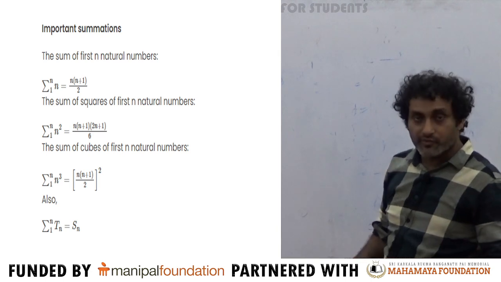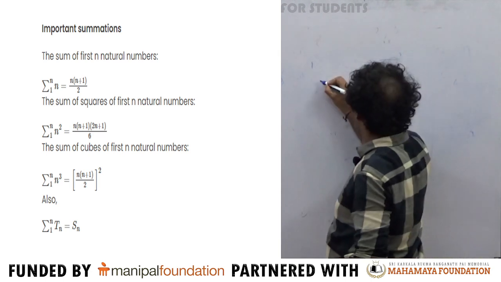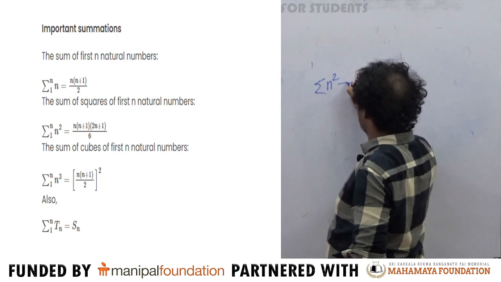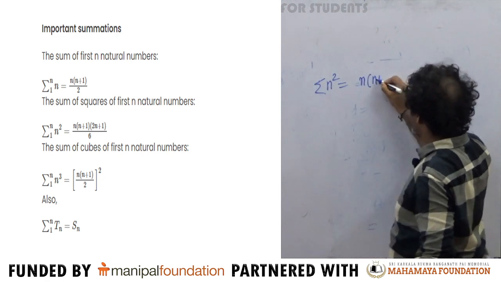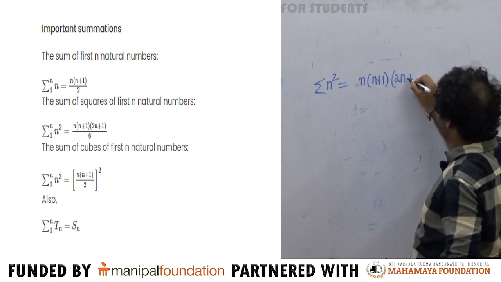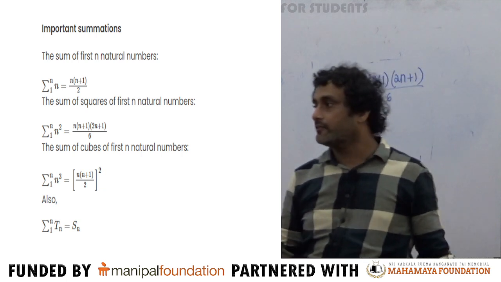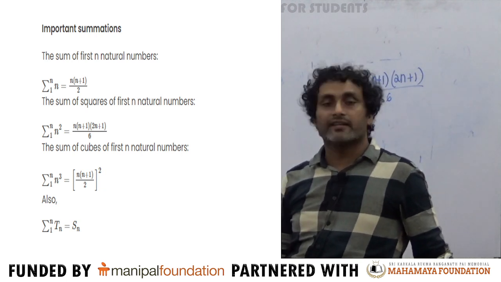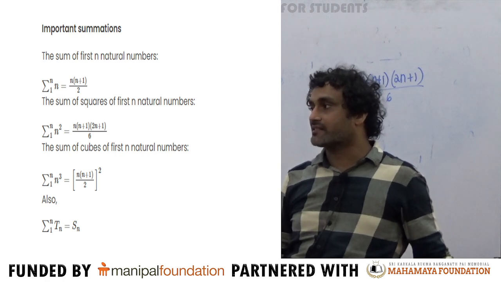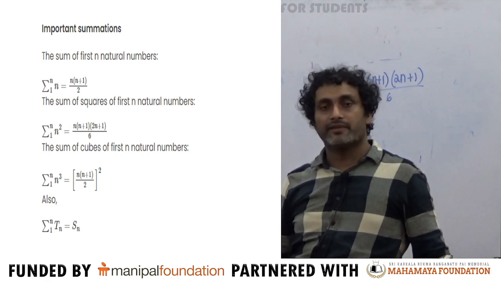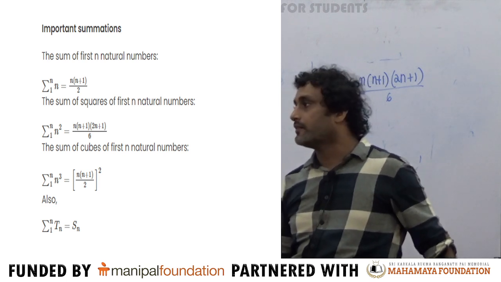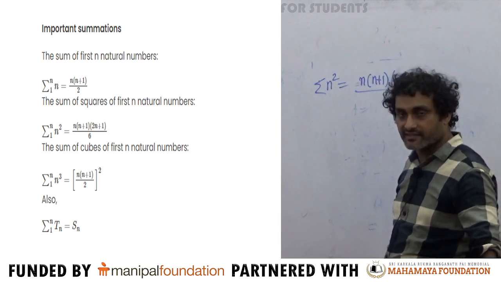Then you are supposed to remember this as well. Summation of n square is n into n plus 1 into 2n plus 1, whole divided by 6. Fine, no? Yeah. So here 2n plus 1 by 3 came extra, okay? It was already n into n plus 1 by 2, into 2n plus 1 by 3. That's the extra term.